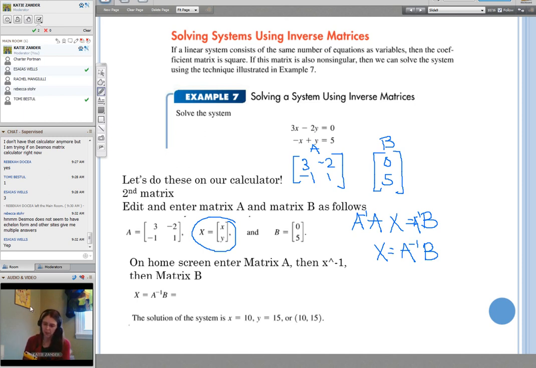Okay, if you're still typing those in, that's totally okay. Take a moment. Let's go ahead and then get A inverse B up on the calculator now.